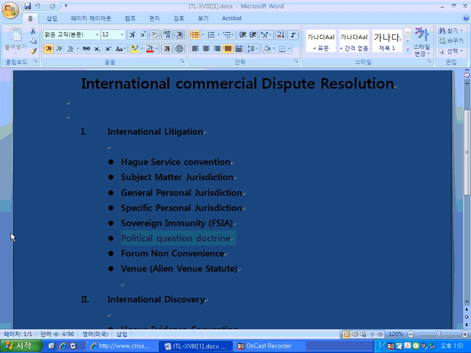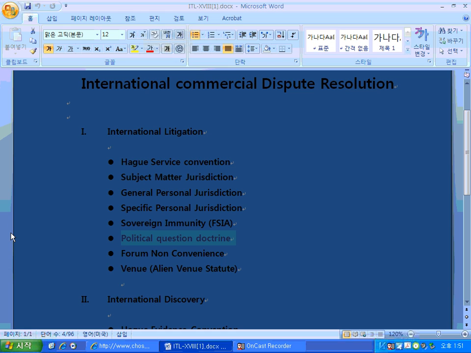However, some countries often criticize that kind of compulsory measure, as one form of extraterritorial application of national law.